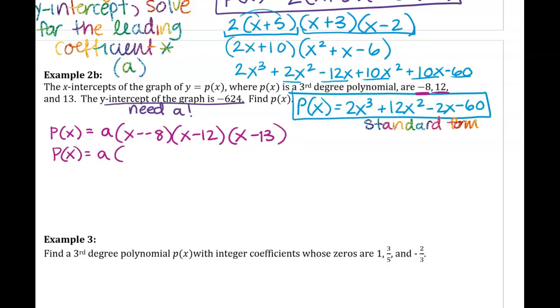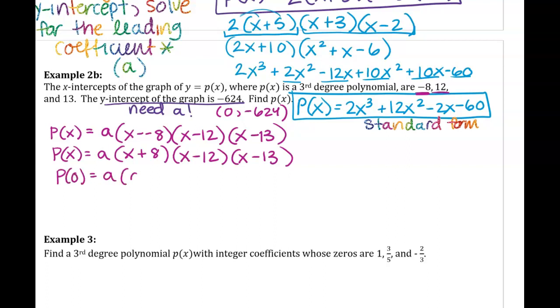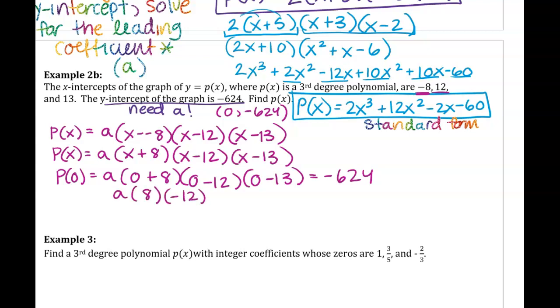So we'll rewrite this as a times x plus 8 times x minus 12 times x minus 13. And since the y-intercept is negative 624, it means we have the point 0, negative 624. So then p of 0 is going to be a times 0 plus 8 times 0 minus 12 times 0 minus 13, and that'll equal our y-intercept of negative 624, which is a times 8 times negative 12 times negative 13 equals negative 624.